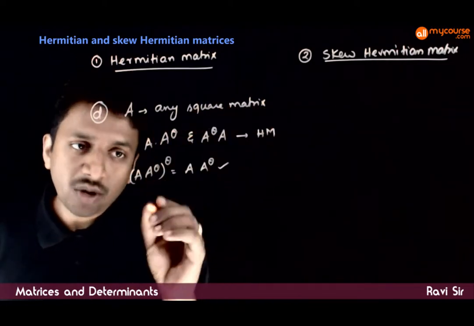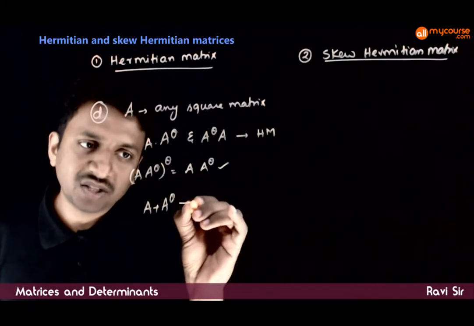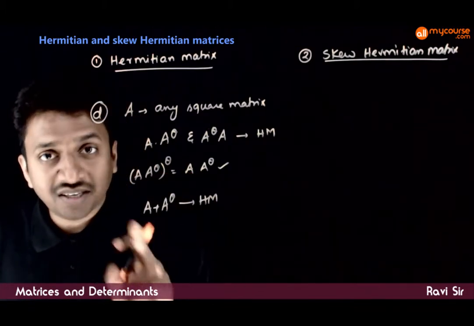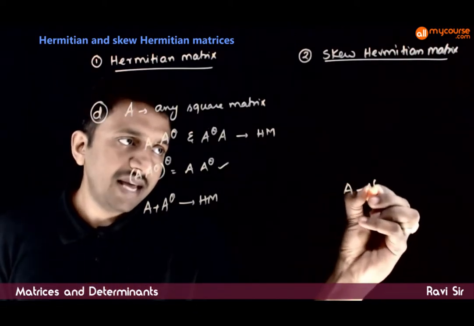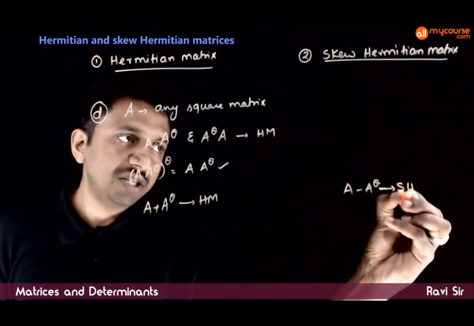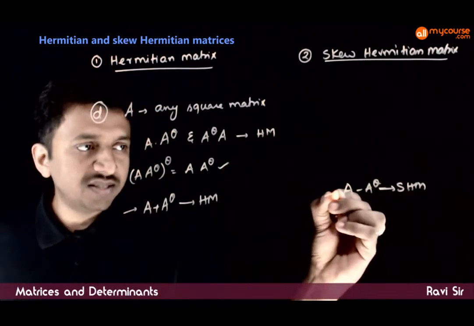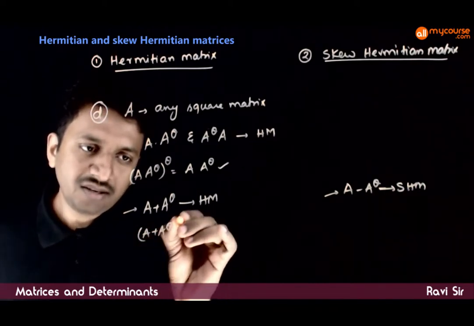And for any square matrix, A plus A theta is also a Hermitian matrix, and A minus A theta is a skew Hermitian matrix. This can also be understood very easily. What is (A plus A theta) whole theta?